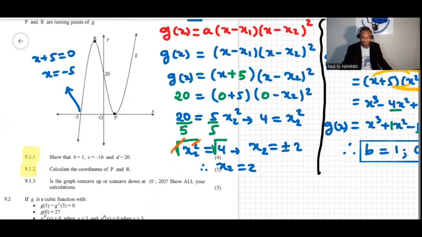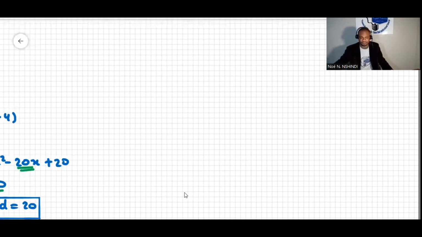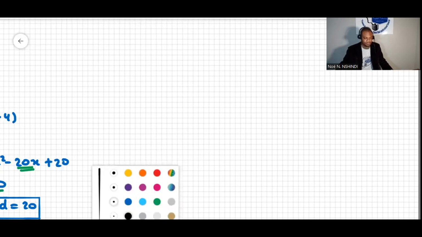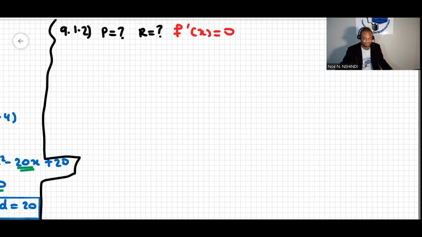So now the derivative of the function. I'm going to write here, 9.1.2, looking for P and also for R. So now, this is when the first derivative of the function is equal to 0.